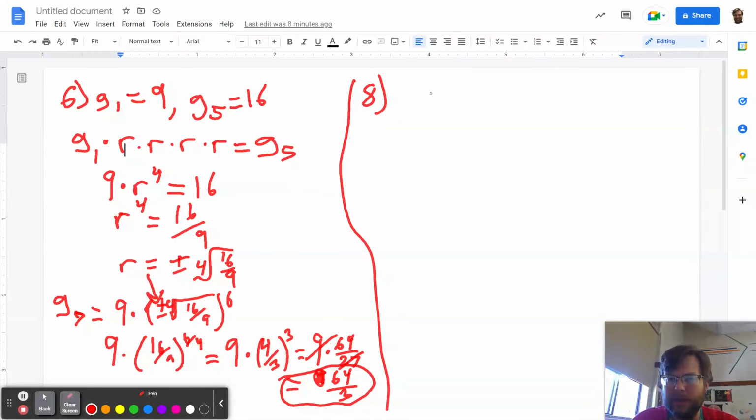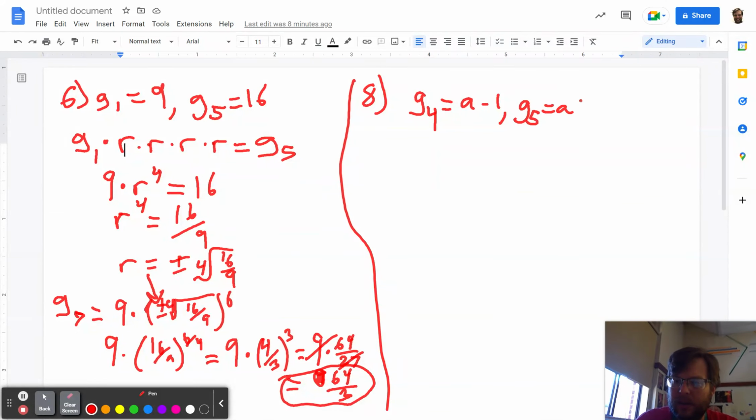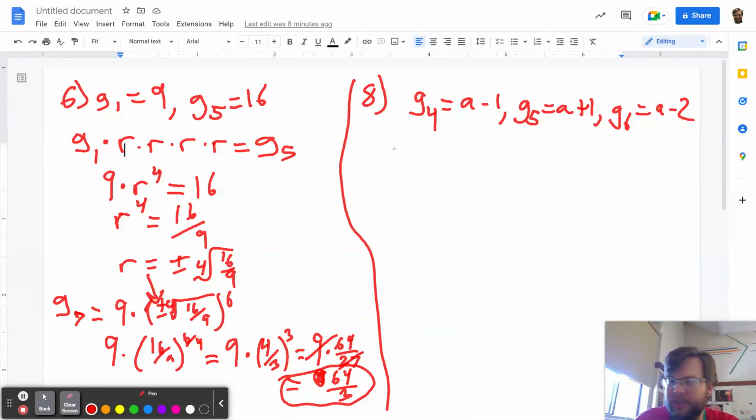It tells us that the numbers a minus 1, a plus 1, and a minus 2 are the fourth, fifth, and sixth terms of a sequence. So I'm just going to write it: G4 is a minus 1, G5 is a plus 1, G6 is a minus 2. And we're going to look at the ratio, find the common ratio on the first term.